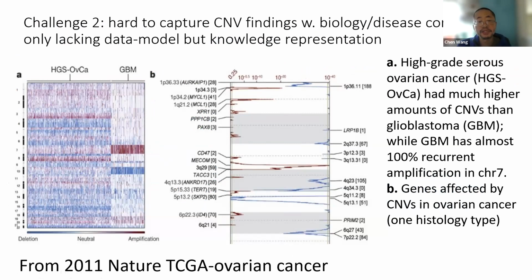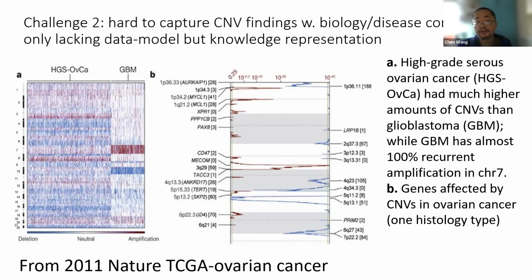And from each of the TCGA studies, it's always amazing to me that at least the recurrent copy number change will be one of the figures. For example, this is ovarian cancer, one of my research areas of interest. You can see there are recurrent focal amplifications around the VICC and recurrent focal deletions of tumor suppressor gene regions.